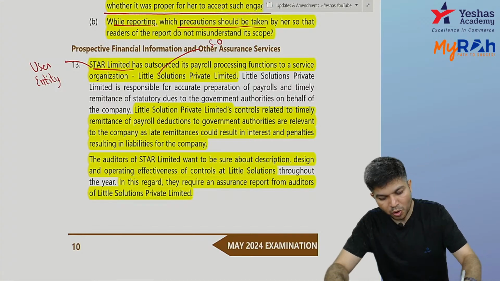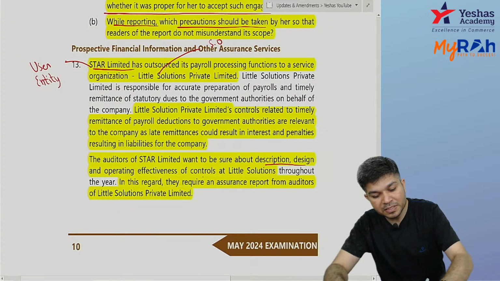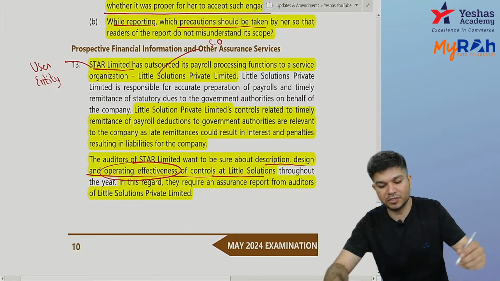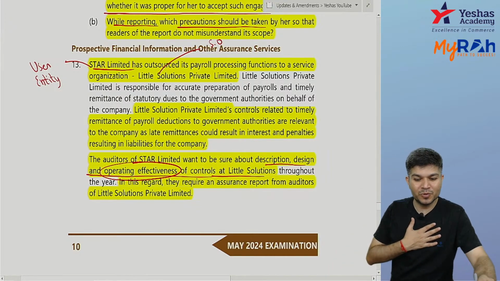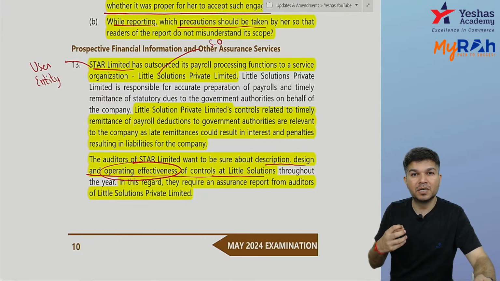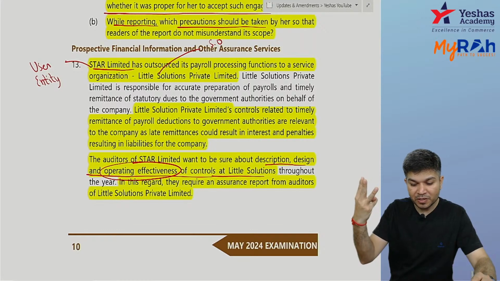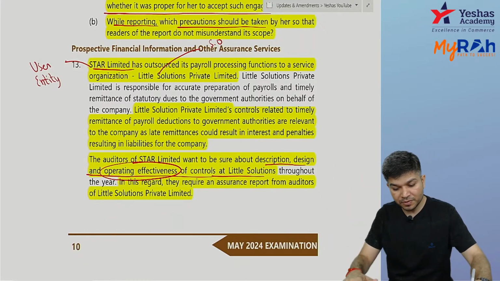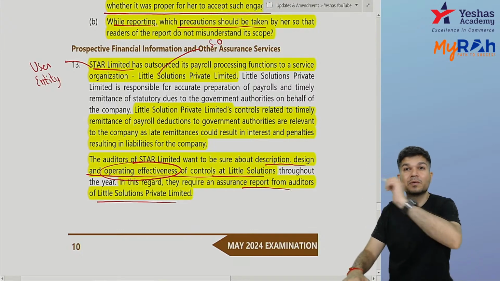Fine. The auditor of Star Limited wants to be sure about the description, design and operating effectiveness of controls at the service organization. Okay, the auditor of the user entity wants to be sure about the description, design, operating effectiveness of controls at the service organization, and they require an assurance report from the auditor of the service organization.